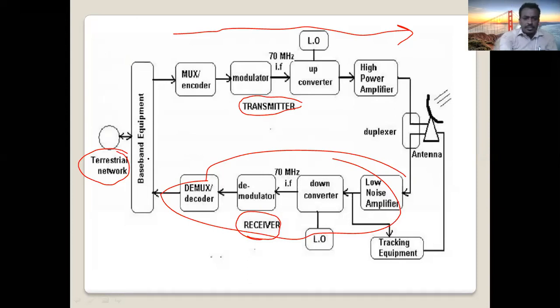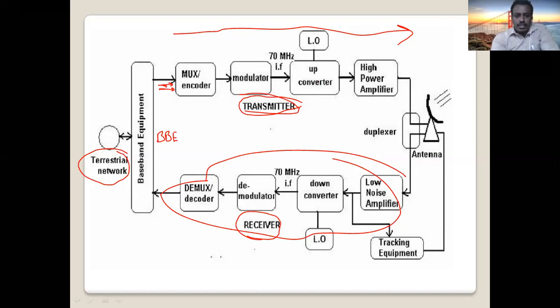We have here baseband equipment, BBE. As you can see here, from the baseband equipment, the digital data comes to the encoder part. This is our encoder in the transmitter. We are now discussing the transmitter section, the transmitter subsystem of the satellite Earth station.